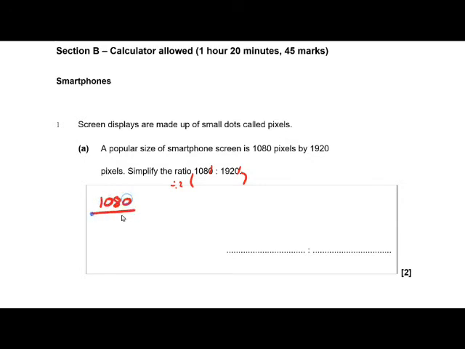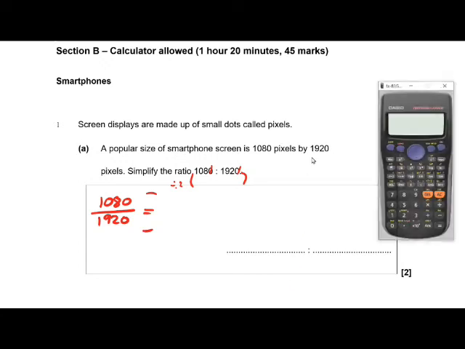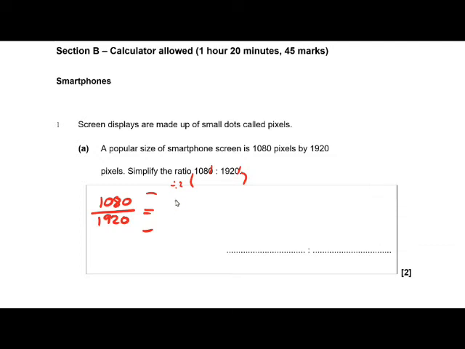Create a fraction between your two numbers, and the calculator, just press equals, so create the fraction, press equals, and the calculator will tell you the smallest number that goes into both of these. So let me show you that. Create the fraction 1080, down rocker switch to get your 1920, press equals, and it tells you that it's 9 to 16.